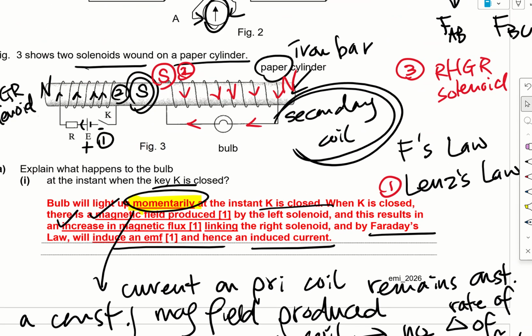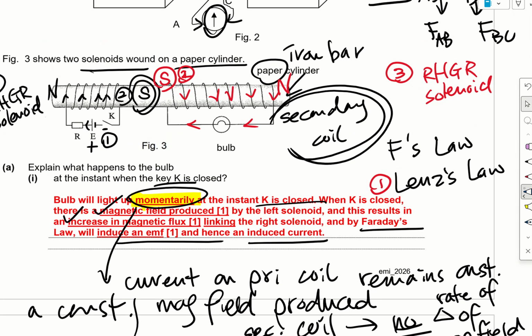Okay, so what happens when the flux is gone? The flux becomes 0, because initially when the current is flowing in this DC circuit, there will always be a flux, but now when I turn off the switch, the flux will disappear.